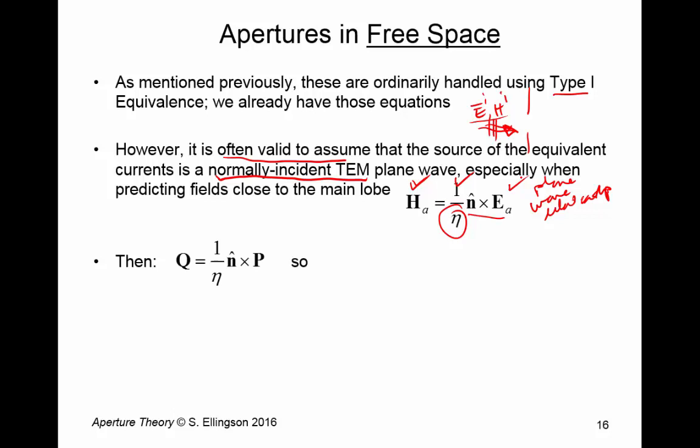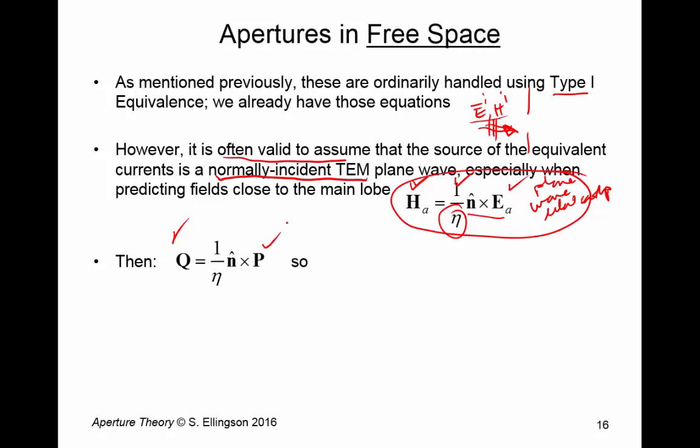So in this case, the quantities Q and P are also related by the plane wave relationship. Right? Now I'm saying this, and maybe you see this right away, or maybe you have to go back and do a little math to see this.